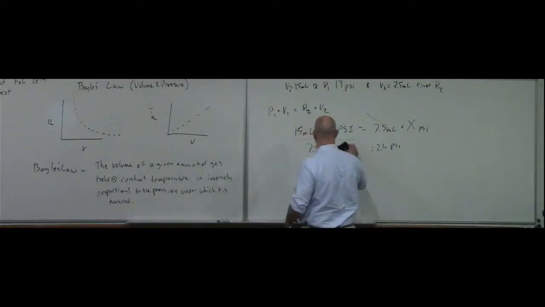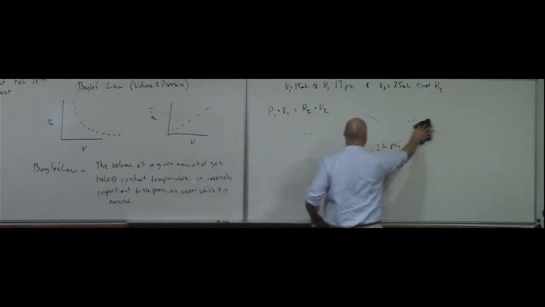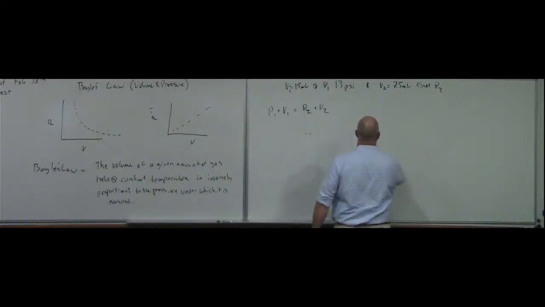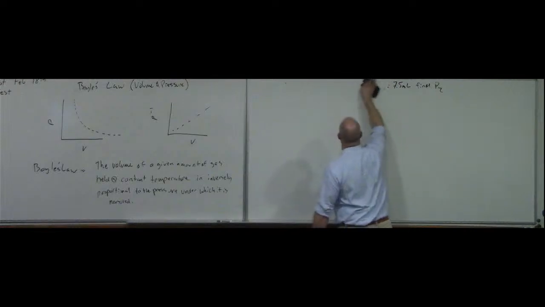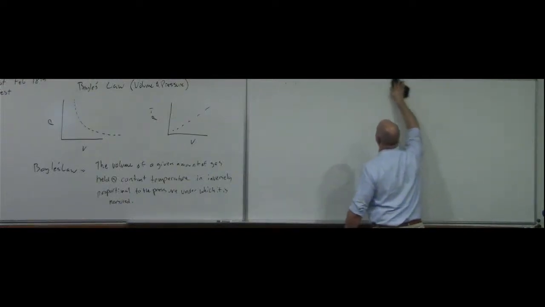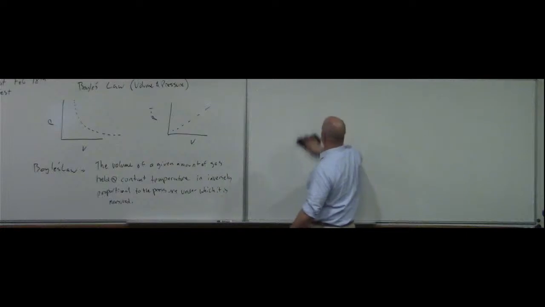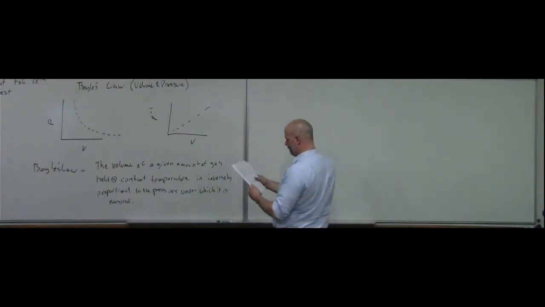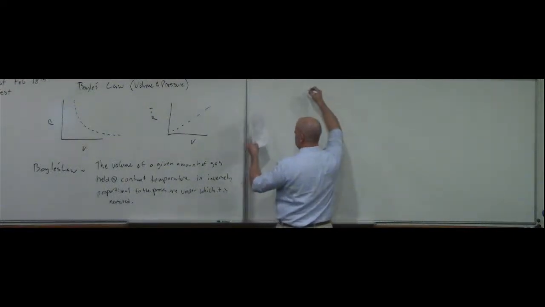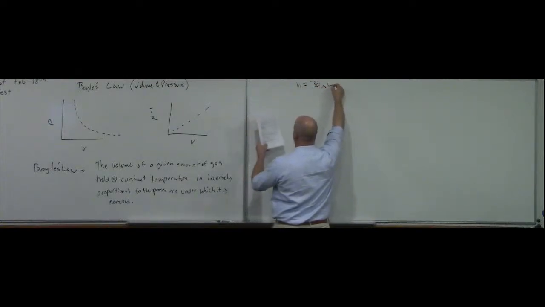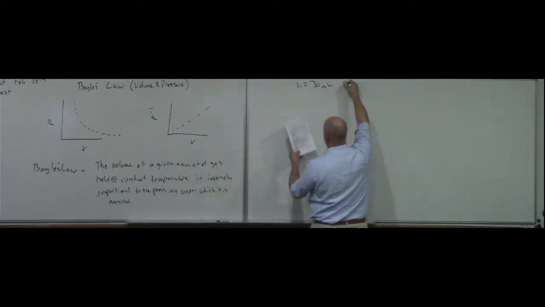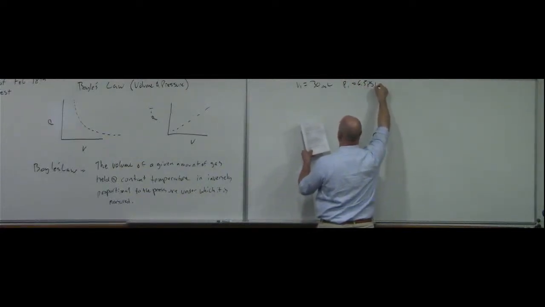Let's tackle another. Okay, we got a volume of 30 ml and a pressure of 6.5 psi.